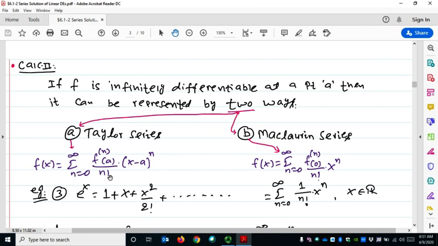Keep in mind n factorial: when n is 0, 0 factorial is 1. In part B, the Maclaurin series, f(x) equals the infinite sum n goes from 0 to infinity of the nth derivative of f at 0 over n factorial times x to the power n. So we put a equals 0.